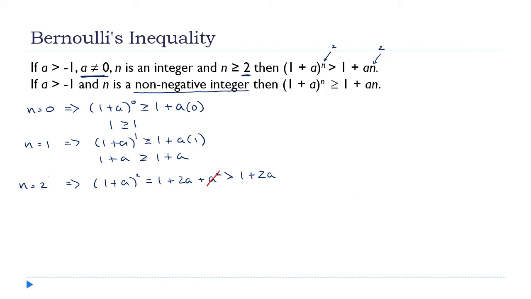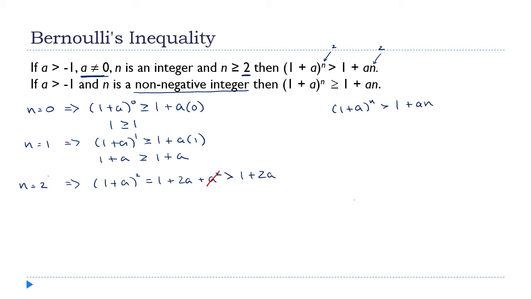So now I've shown the two special cases, 0 and 1, work, and I've shown this works for n equals 2. Now I'm going to do the induction part. So I'm going to assume that (1 plus a) to the n is greater than 1 plus an.